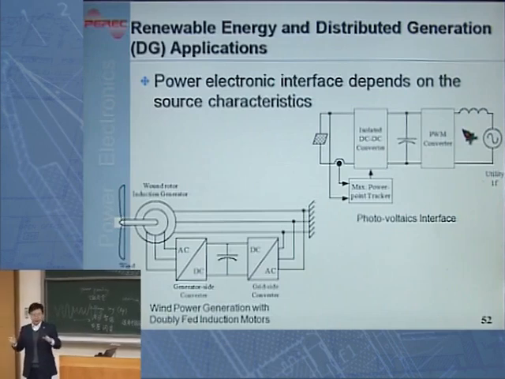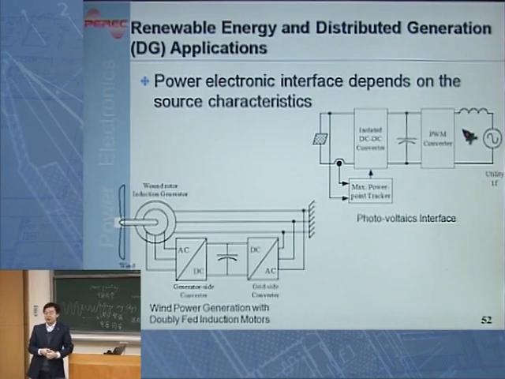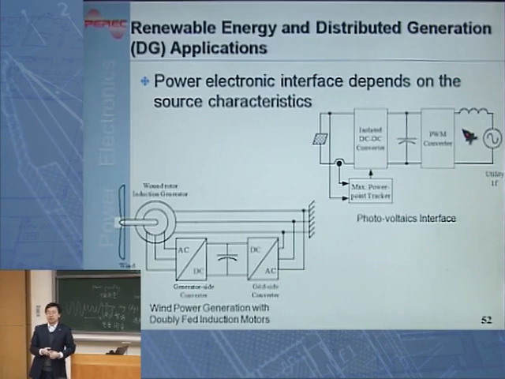You can see right now a lot of our graduate students are working in this area, developing different methods and techniques to interface the new energy sources with the utility grid or with the user loads.